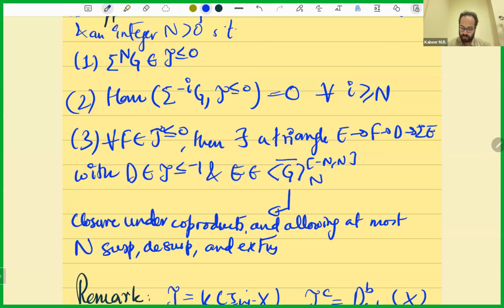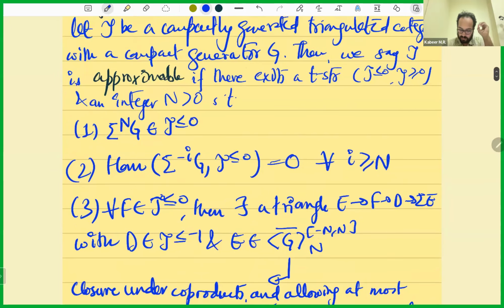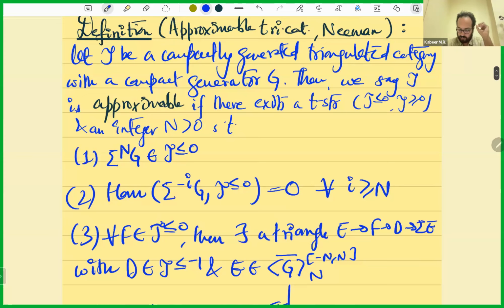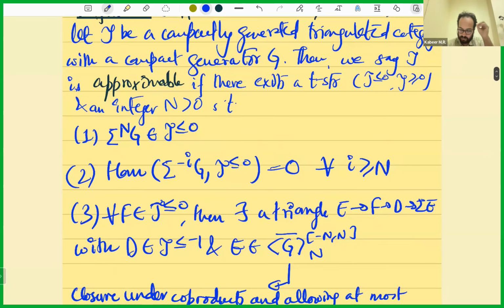So at most n suspensions, desuspensions, and extensions are allowed. All coproducts are allowed, and all summands are allowed. So this is the notion of an approximable triangulated category defined by Neeman.